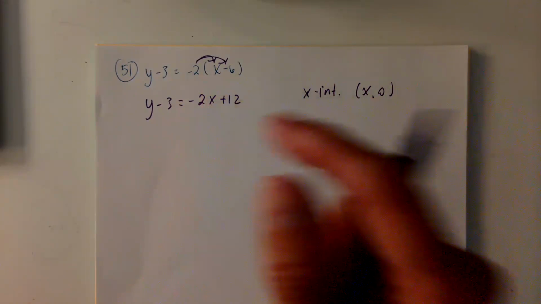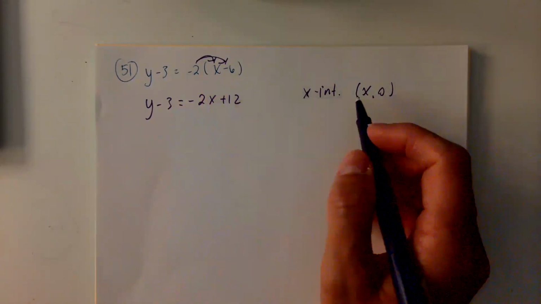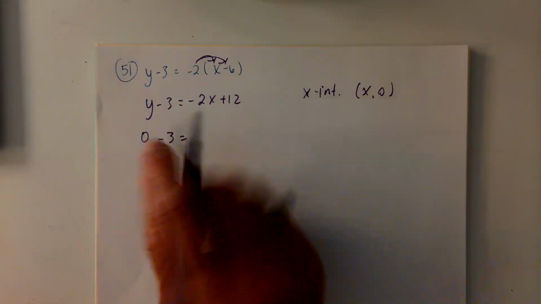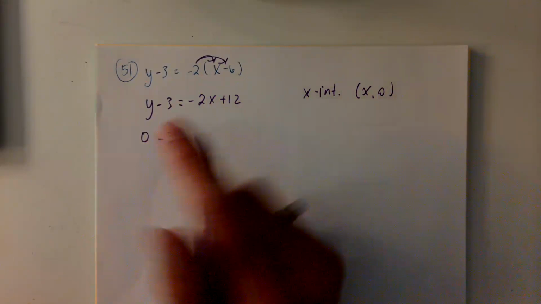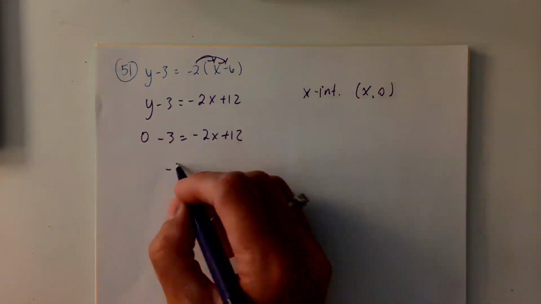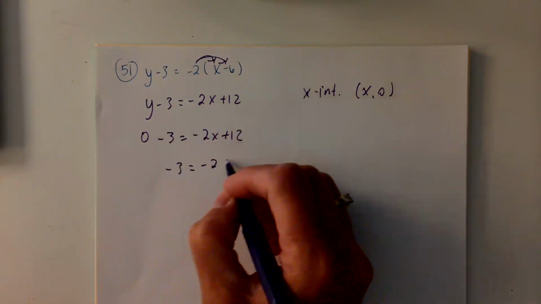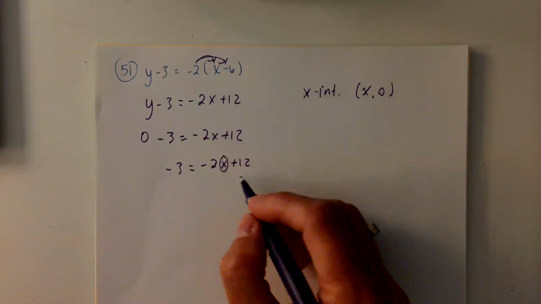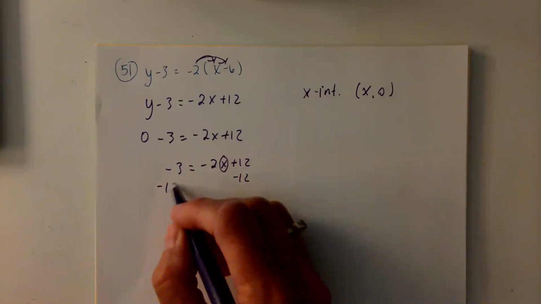So if we put 0 in for y, this becomes -3 because 0 minus 3, and then -2x plus 12. So then -3 equals -2x plus 12. And now again, I'm trying to solve for x, so I'm going to subtract 12 from both sides.